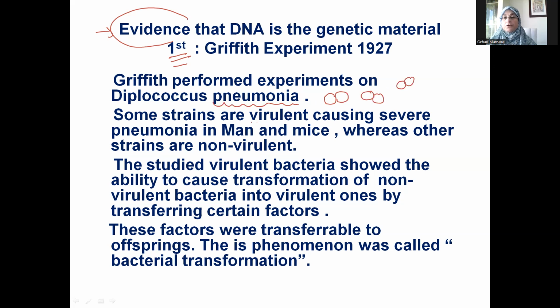Some of these strains were virulent, and they were capable of causing pneumonia not only in human beings, but also in animals like mice. And others were non-virulent. The main difference between a virulent bacterium and a non-virulent bacterium is that virulent bacteria cause a severe disease.